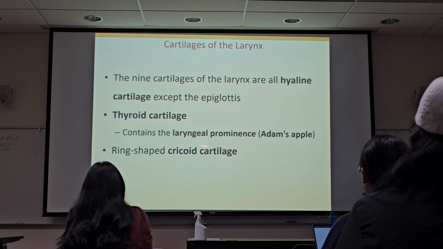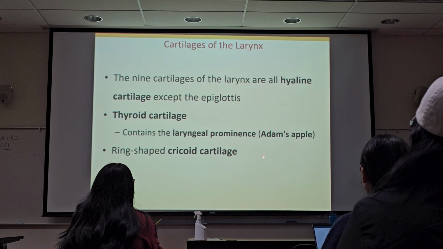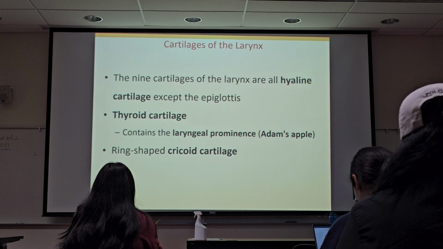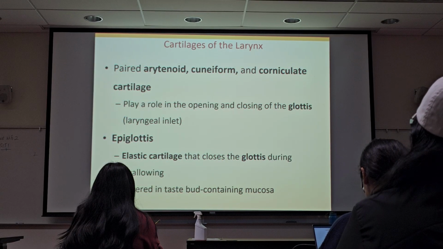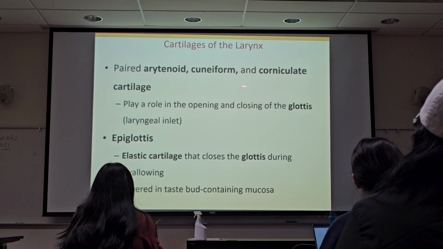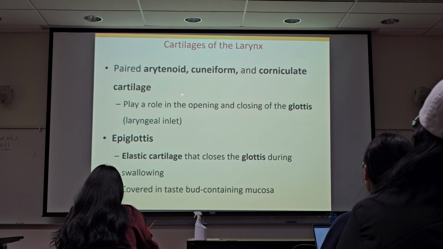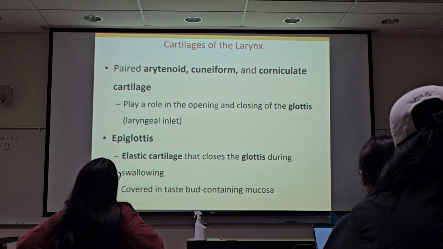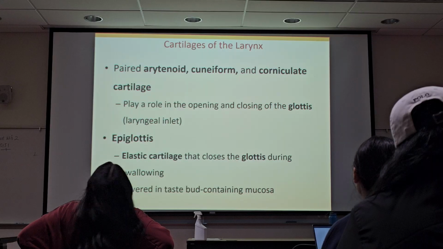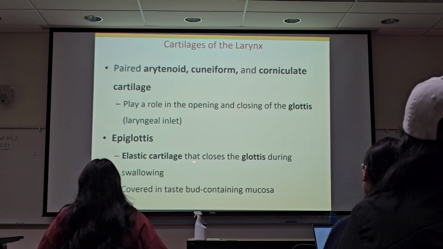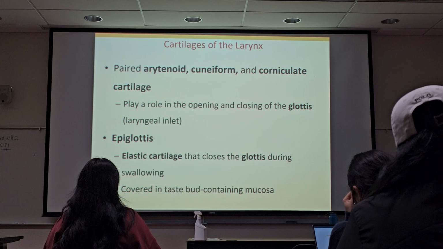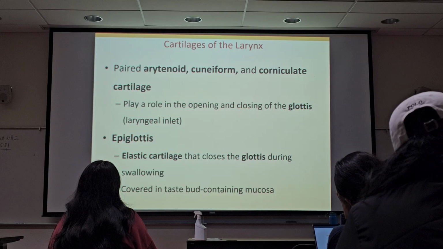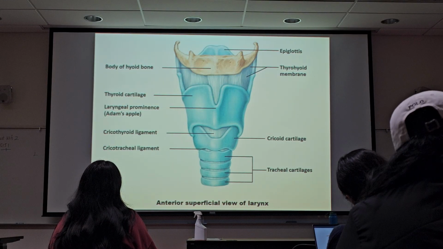We also have some other cartilages associated with the larynx: cricoid cartilage, arytenoid cartilages, cuneiform cartilages, and corniculate cartilages. All of these are necessary because they help to close the glottis, the opening of the larynx. Again, the epiglottis is the structure that will cover the glottis as we swallow, so food does not enter into the respiratory tract.